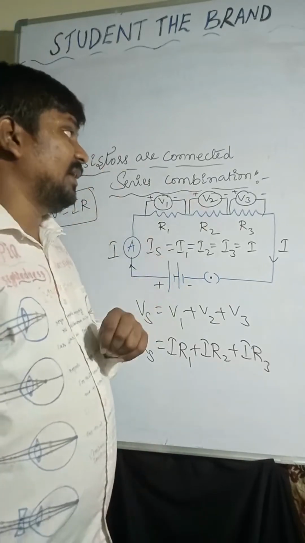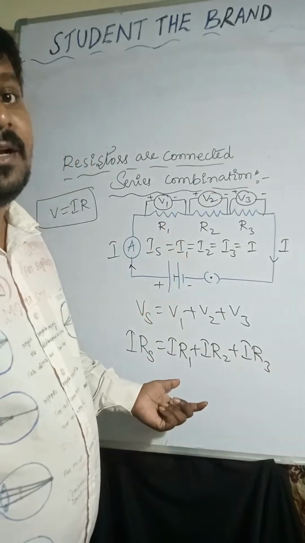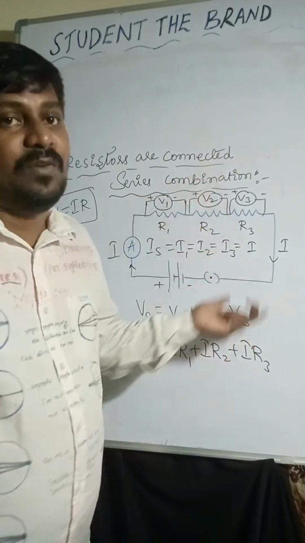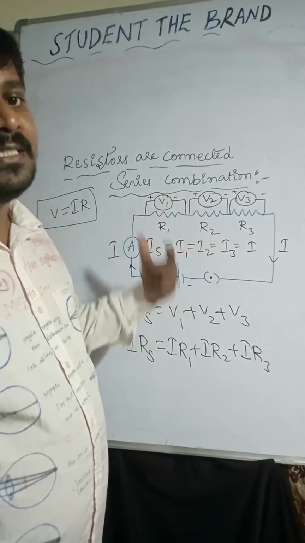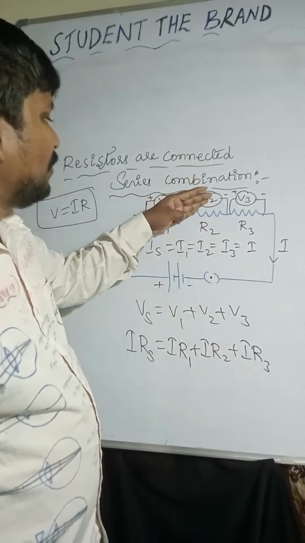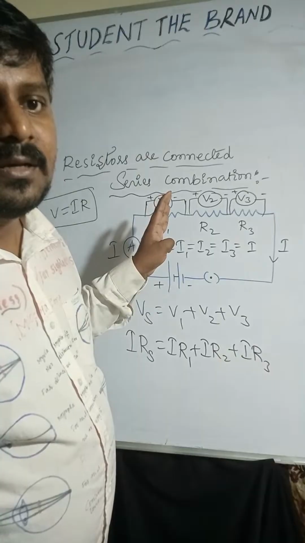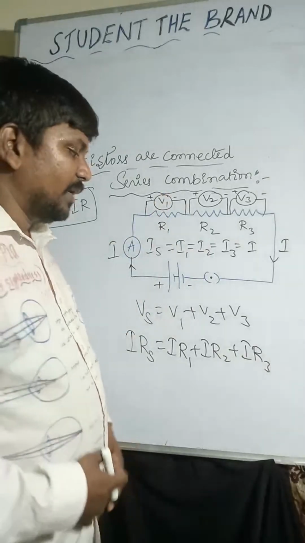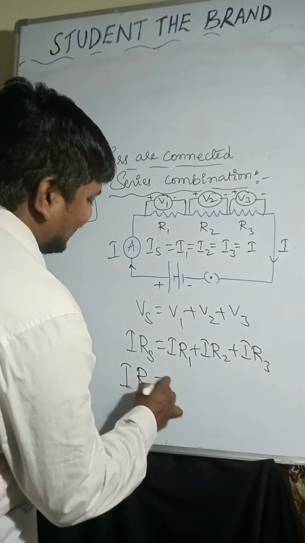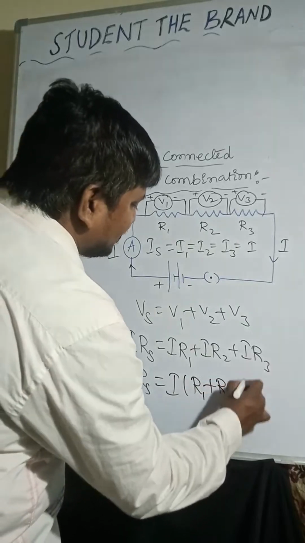Here we are deriving the resistance formula. For that only I am taking potential difference and current. So I R S is equal to I times R1 plus R2 plus R3, taking I common.